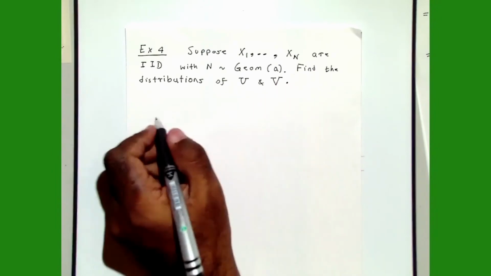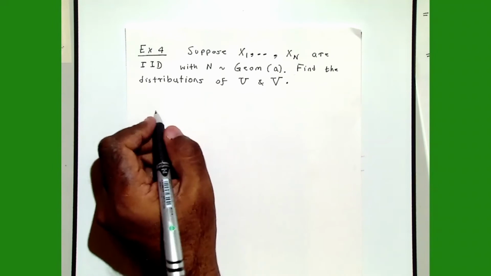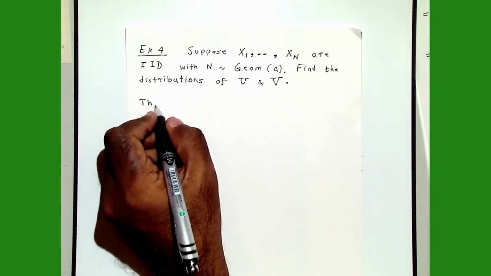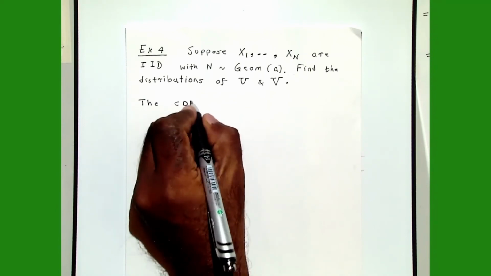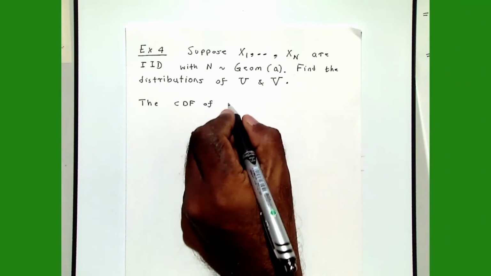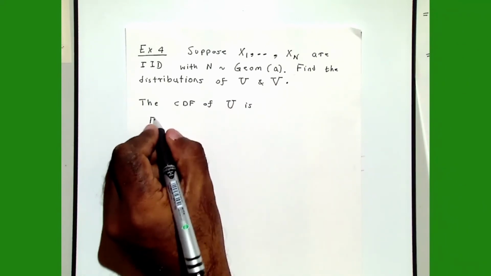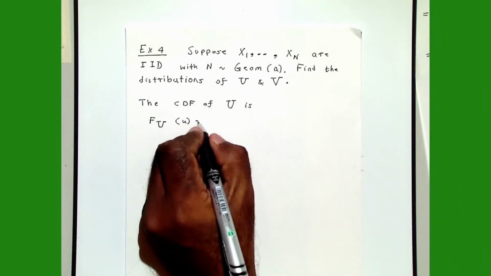Okay, so let's start with U first. We should use the formula that I gave you in the previous slides. The CDF of U is as follows.